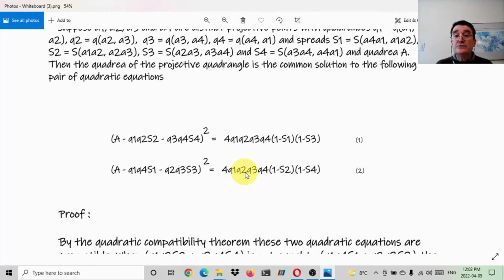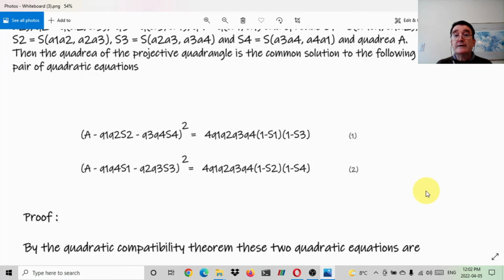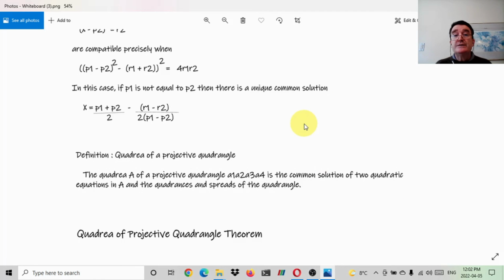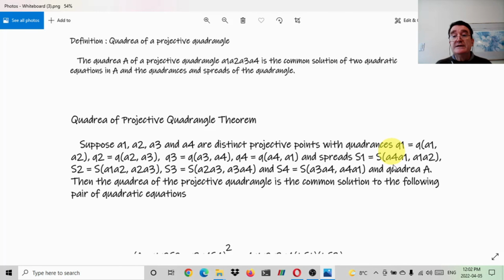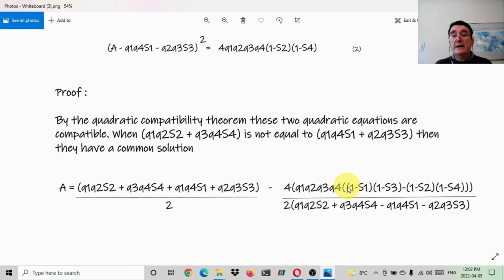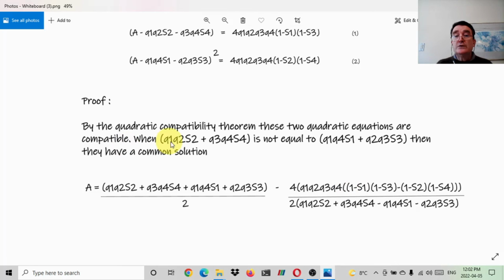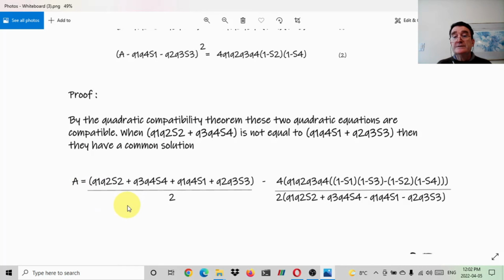If we substitute those into the condition of the quadratic compatibility theorem, into this equation, we get that they are precisely equal. Furthermore, when Q1 Q2 S2 + Q3 Q4 S4 is not equal to Q1 Q4 S1 + Q2 Q3 S3, then they have a unique common solution, which is the quadrea A, given by this expression here.